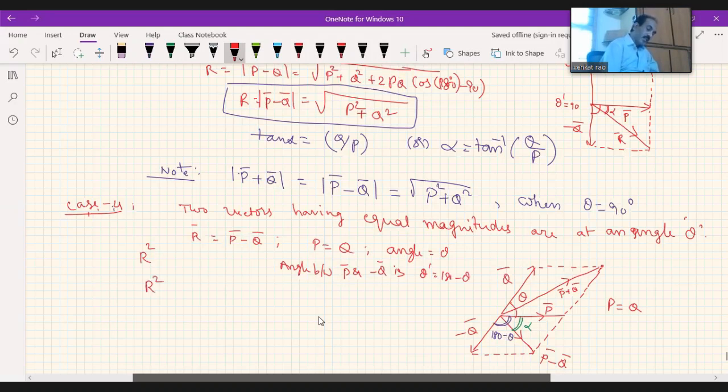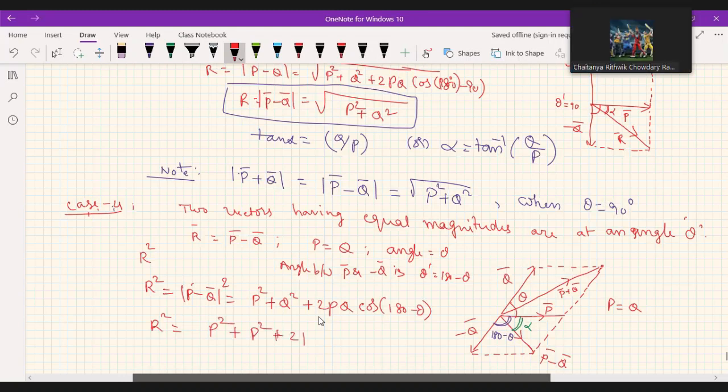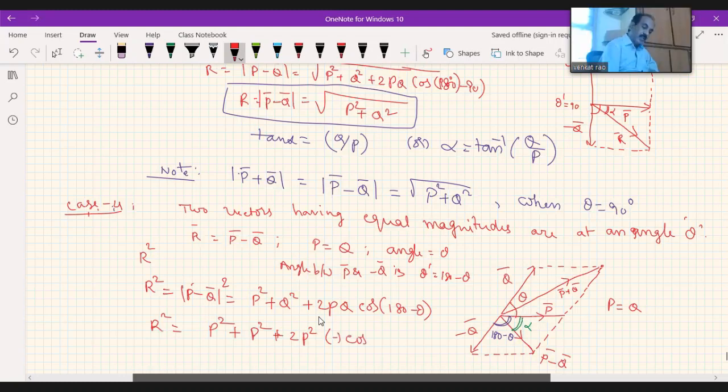So R square equal to P minus Q magnitude whole square equal to P square plus Q square plus 2PQ cos of theta replaced with 180 minus theta. So R square equal to P square plus P square plus 2P square into minus cos theta.